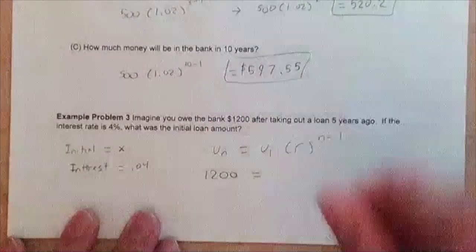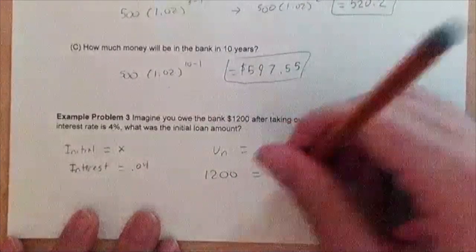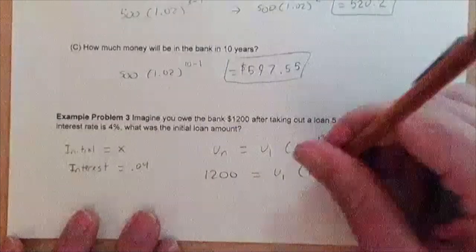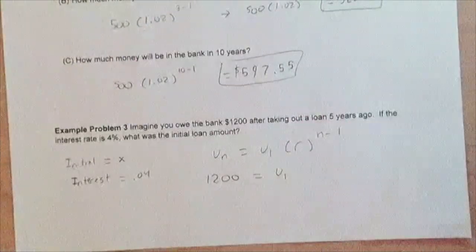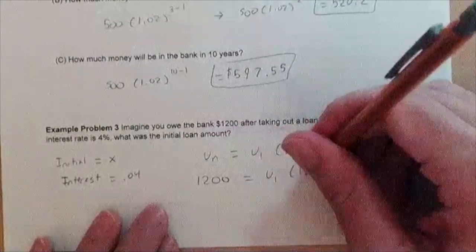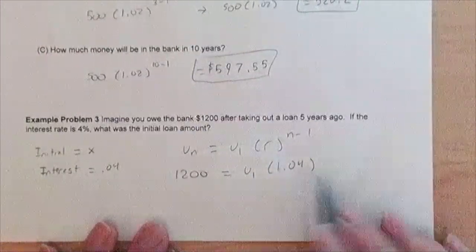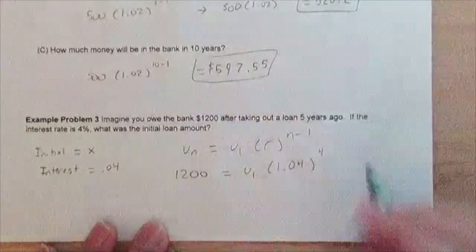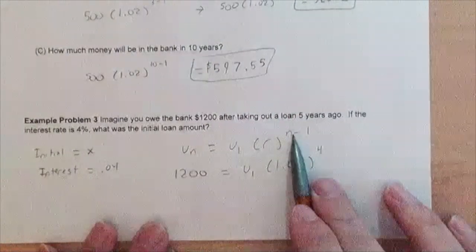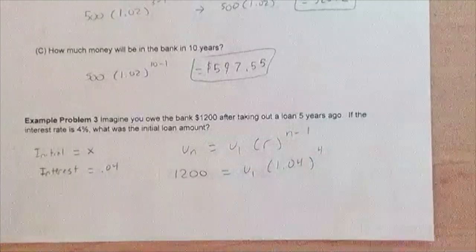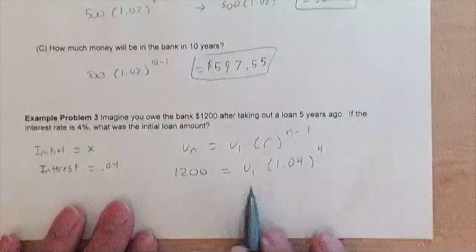So this is a case of filling out everything you can before you start. We know that we don't know the initial investment, but we know that R is 1.04, and it's the 5th year. So it's 5 minus 1, so to the 4th power. And hopefully you visualize this now.